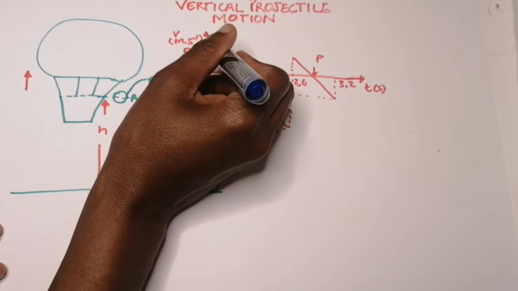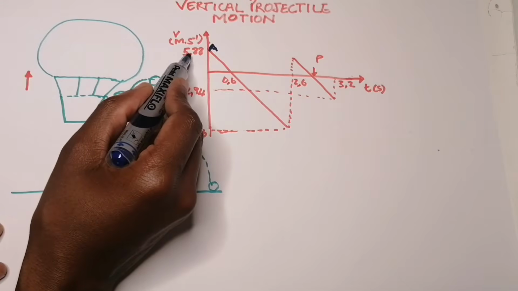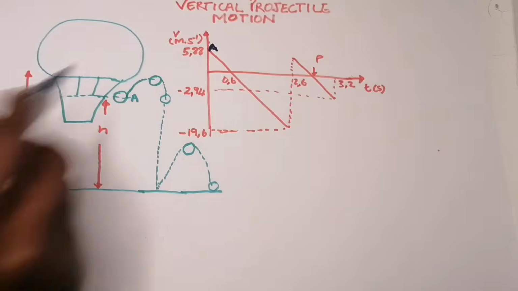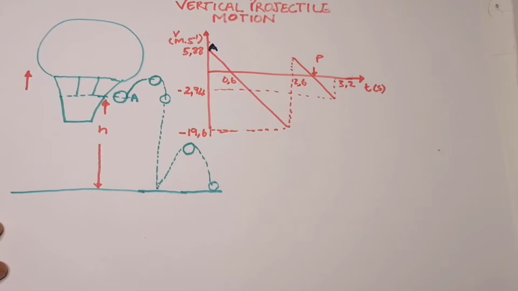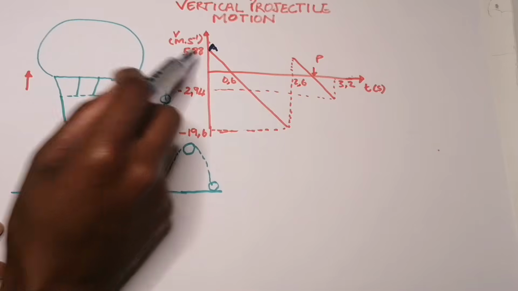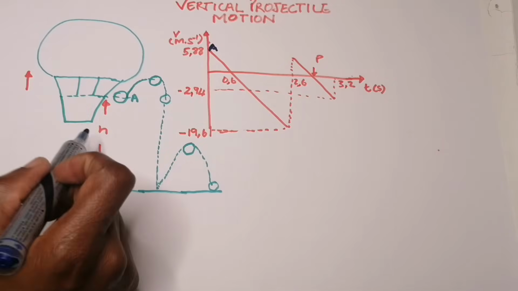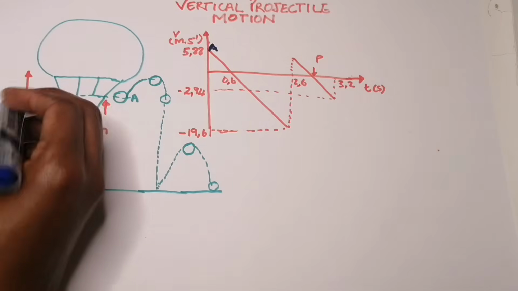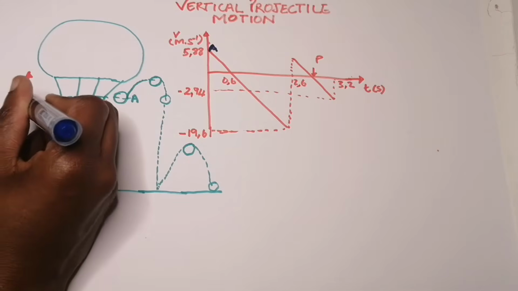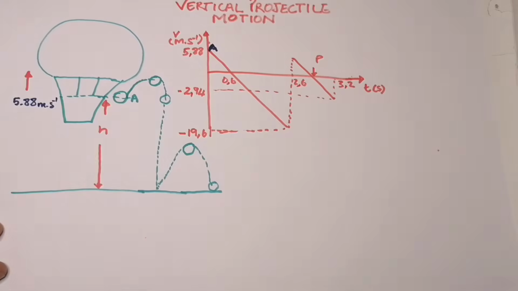Now note, they've given us that the initial velocity is 5.88. What does that suggest to us? It means that the initial velocity of the ball is the velocity of the balloon. So the balloon was rising up at what speed? At 5.88 meters per second.